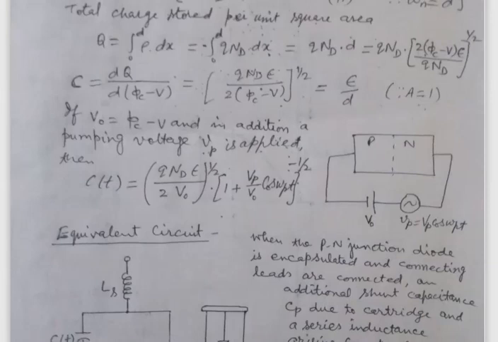Again, this shows that the junction capacitance is time varying and it varies non-linearly.